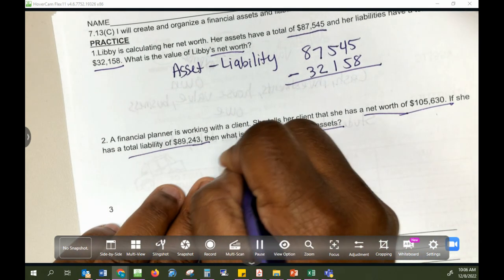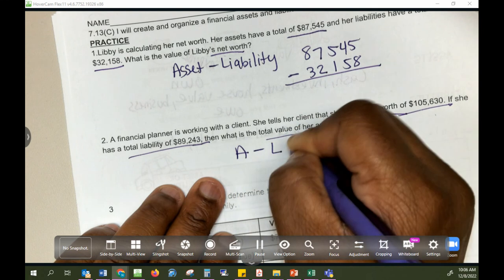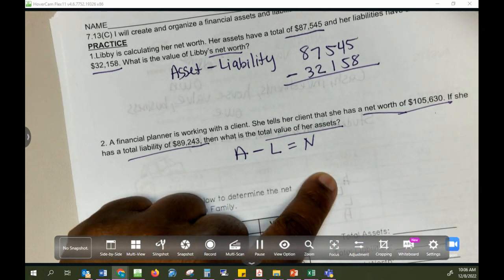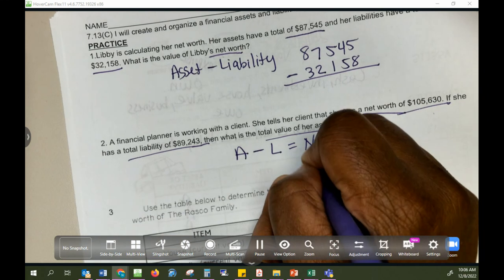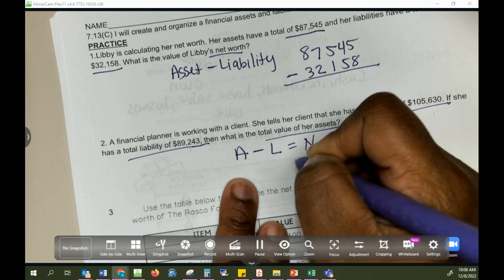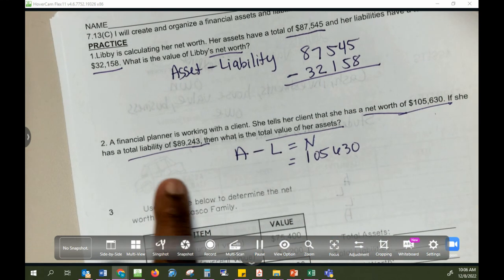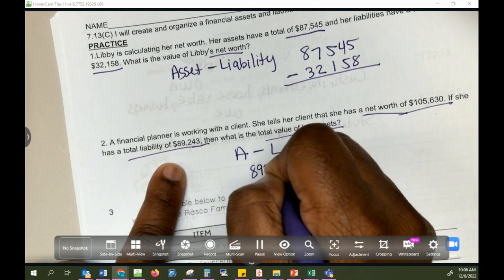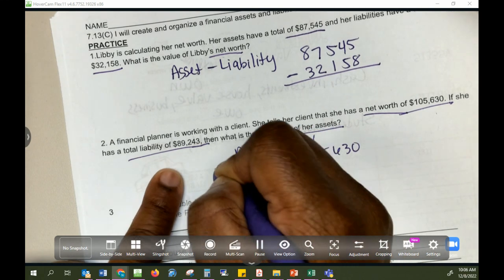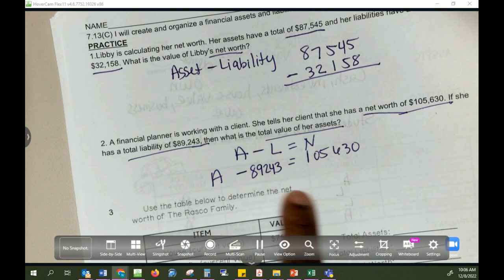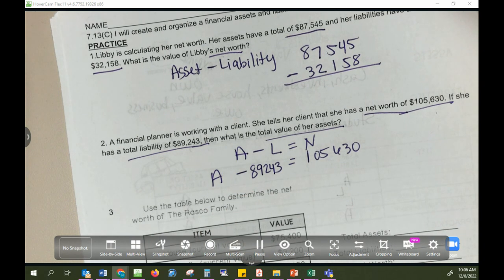We know that our asset minus our liability will give us our net worth, correct? So we know the net worth is 105,630. We know the liability is 89,243. The only thing I don't know is the asset. So what do I need to do with the liability to find the asset?